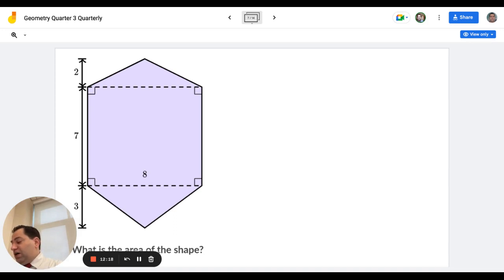We know that there's an 8 here, and I think we have all the information we need. So the triangle is base times height divided by 2. So that's going to be equal to 8 times 2 divided by 2. Okay, so that's going to be 8. All right, so that's triangle 1.